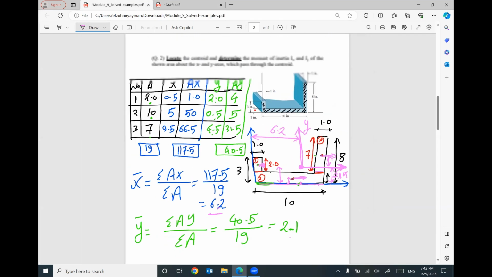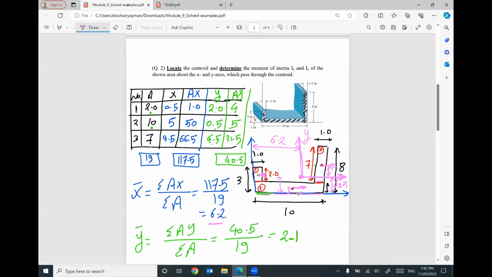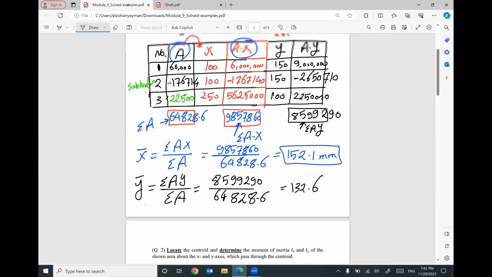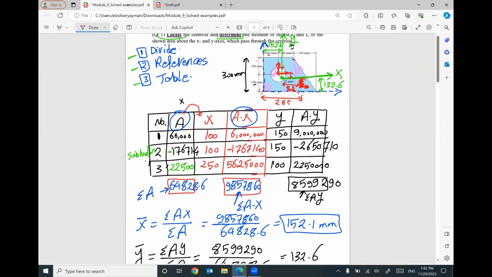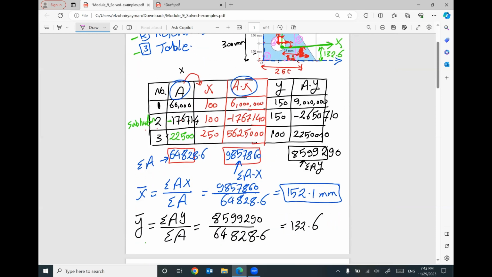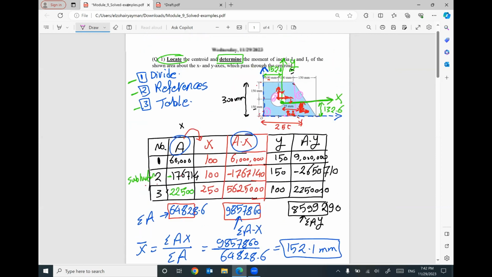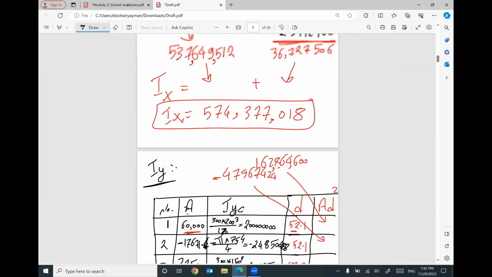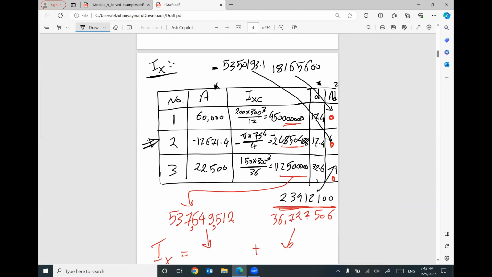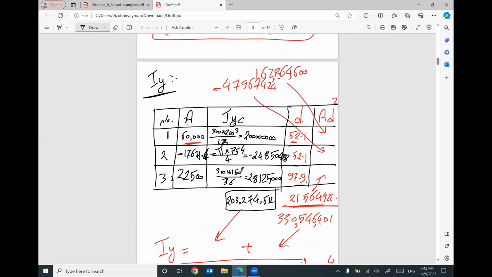So if you look at these examples and the previous examples I solved on Monday, you will find that all problems follow the same process. You need first to locate your centroid by setting up this table, and then you need to set up another 2 tables to find out the value of Ix and the value of Iy.